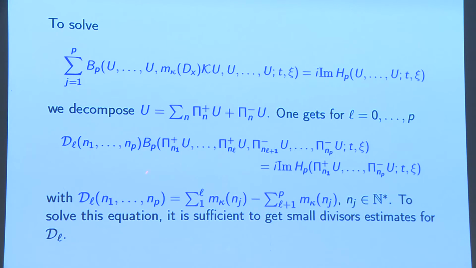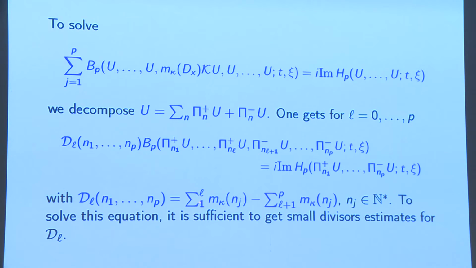So in other words, when we write the preceding equation, replacing the arguments by pi n1 plus u, pi nl plus u, pi nl plus 1 minus u, up to pi np minus u, when you make act this operator on one of the first L terms, you just get multiplication by m kappa of nj with a plus sign.